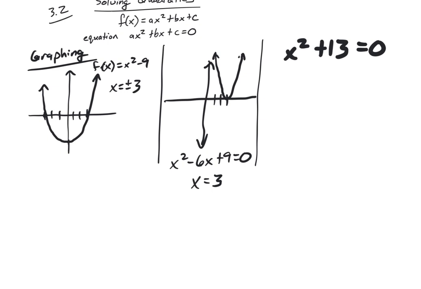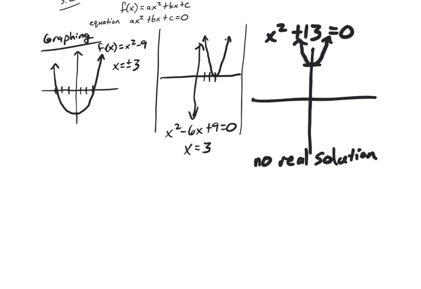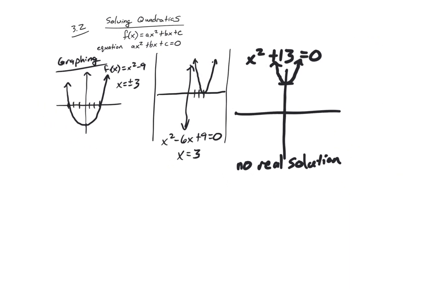If I graph this one, so in order to find the solutions here, if I were to just graph this, okay, obviously what we said is this is no real solution, but that's not going to be acceptable from here on because we know there is an actual solution. We want to find that solution, and that's where our imaginaries will come in.